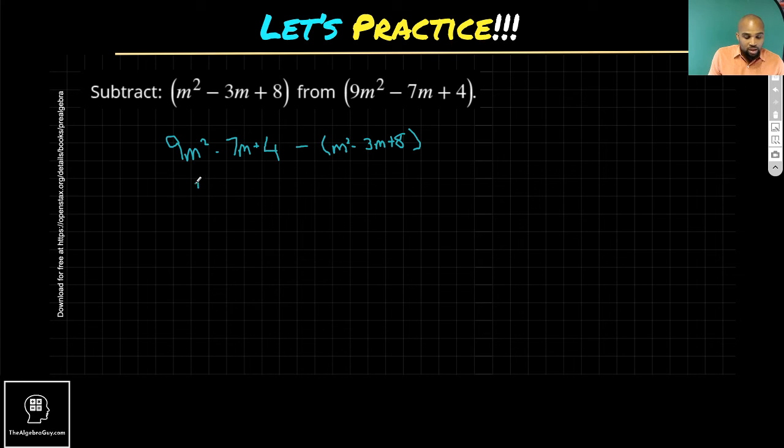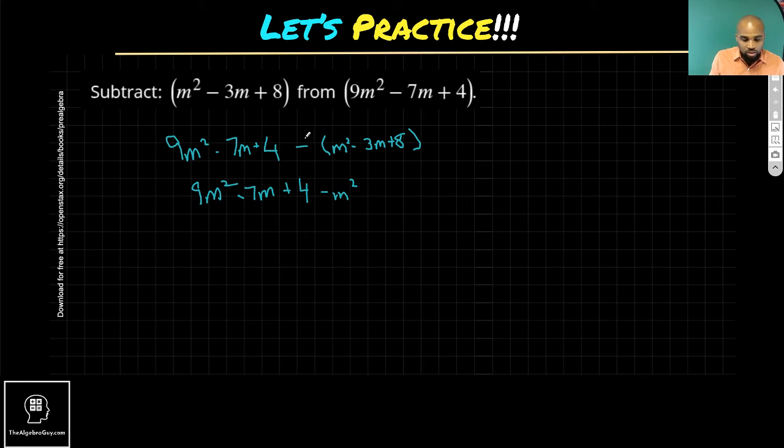So I'm going to write my 9m squared again. And I'm going to try to use my writing tool to see if it helps me out. So 9m squared minus 7m plus 4 minus m squared.